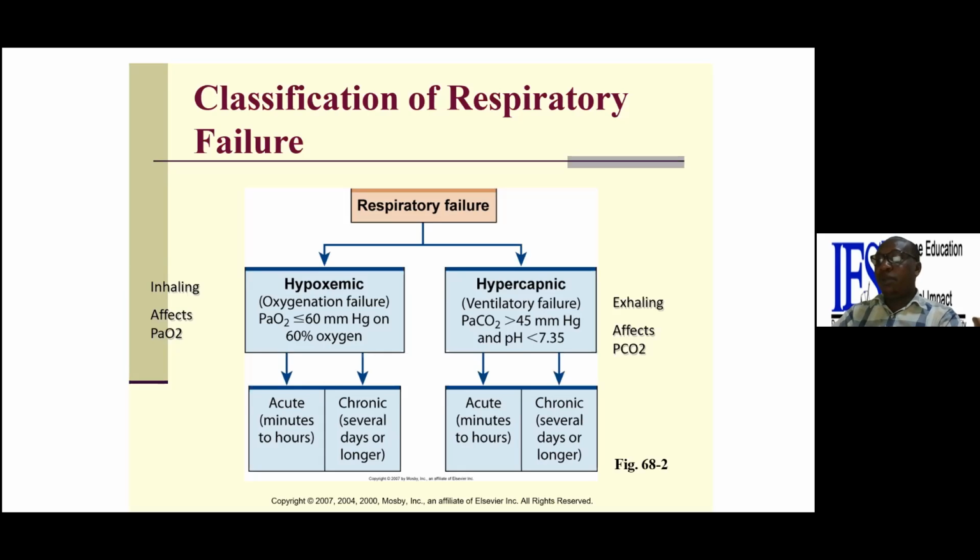Then it becomes a chronic condition, which takes more days to even weeks. So this acute or chronic may happen either in hypoxemic, loss of oxygen, or in hypercapnic, a high level of CO2 in your blood. Next, please.